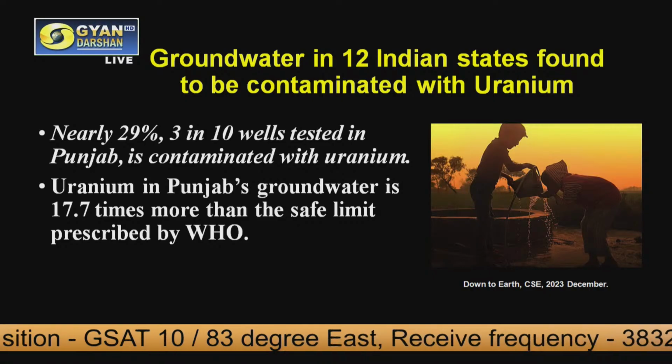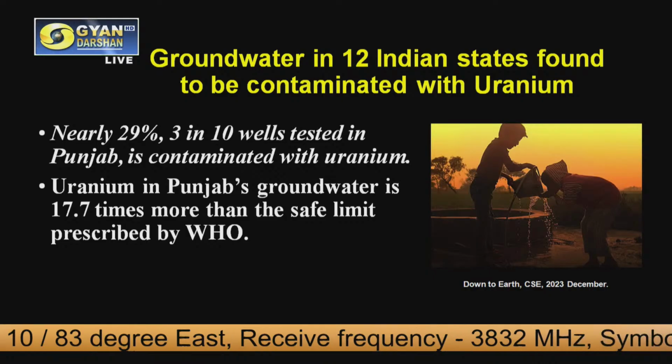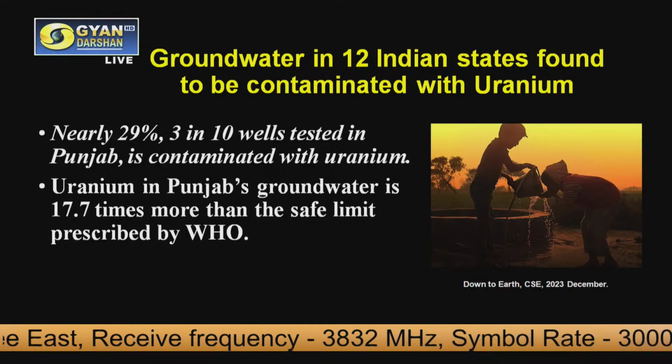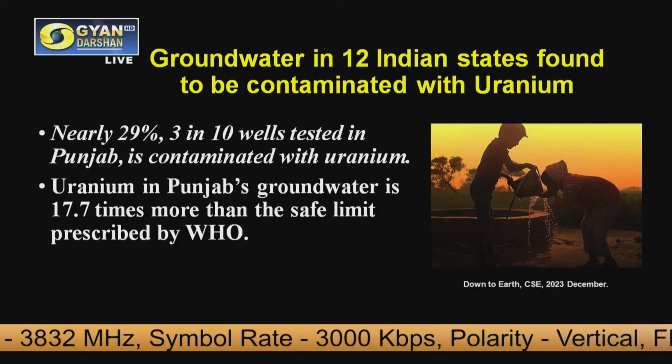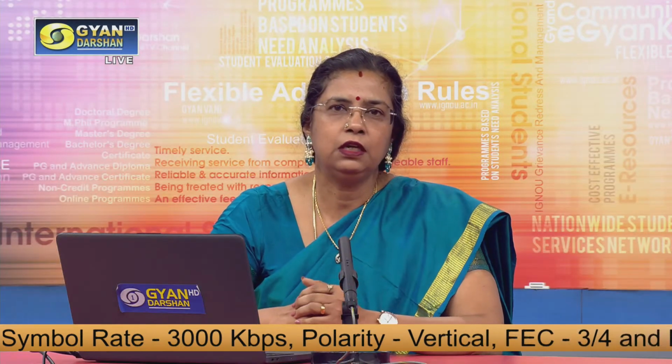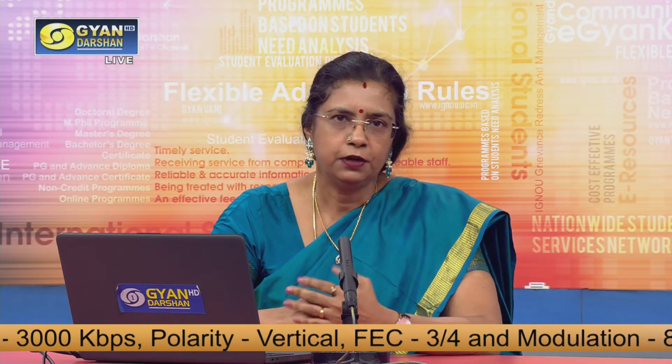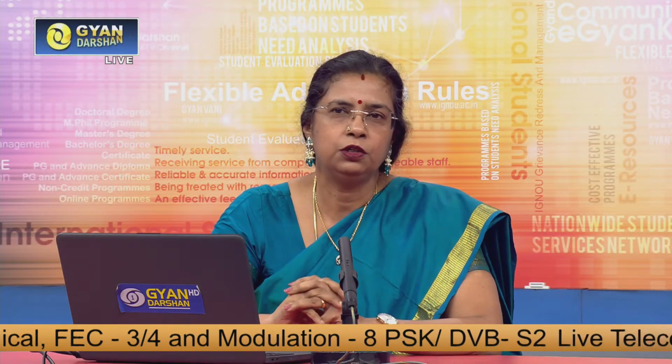And uranium in Punjab's groundwater is 17.7 times more than the safe limit or the permissible levels prescribed by the World Health Organization. In some places it even reached a concentration of 532 ppb, exceeding the concentration prescribed by the World Health Organization and the Bureau of Indian Standards with regard to water quality.